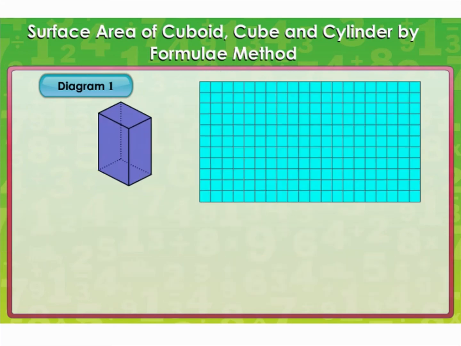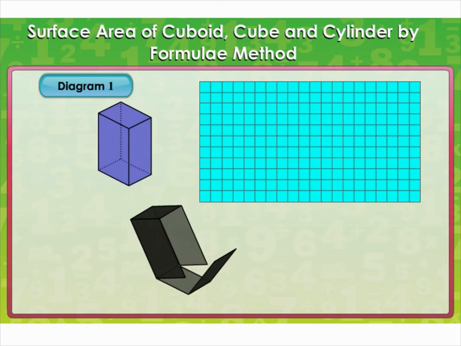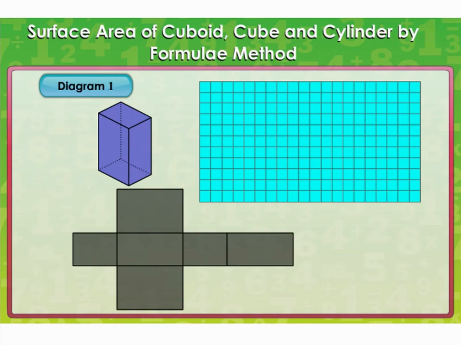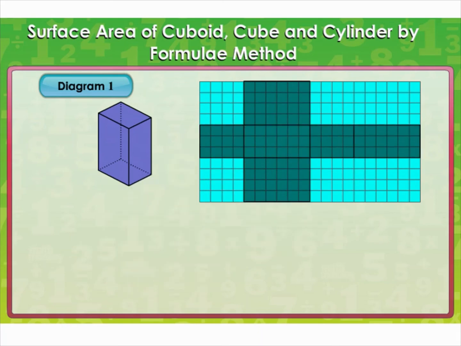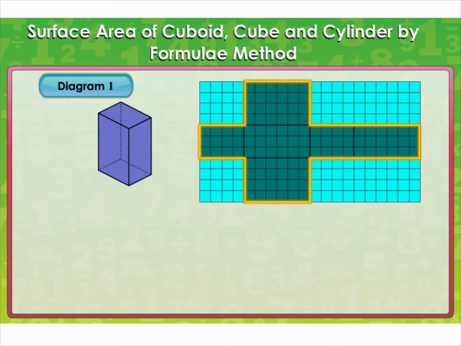Now open the cuboid flat to draw its net. Place it on the grid paper and trace along its edges. From the net, what can you say about the cuboid?